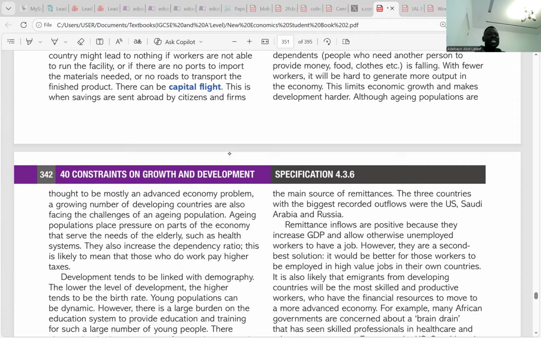So an aging population may increase the dependency ratio. And if it increases the dependency ratio, it might increase government expenditure on social benefits or welfare payments, especially when it comes to taking care of the elderly. So government will be spending more and receiving less.